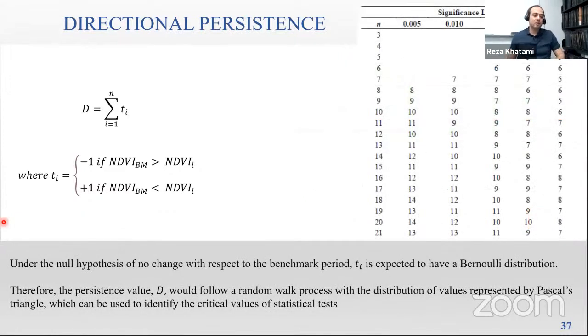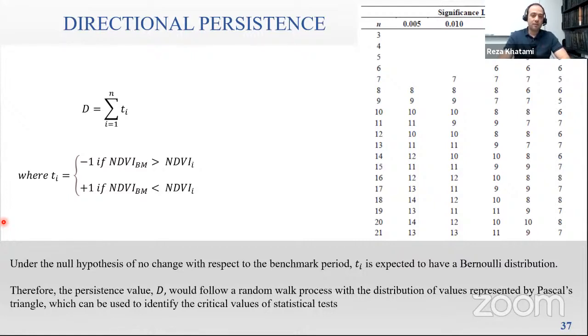Under the null hypothesis of no change, the t values would follow the Bernoulli distribution, and the directional persistence, which is the aggregation of t values over time, would follow a random walk process, whose distribution would be represented by Pascal's triangle, and Pascal's triangle can be used to do a statistical test and identify critical values of a statistical test.